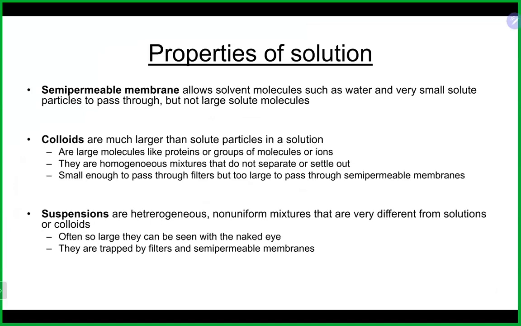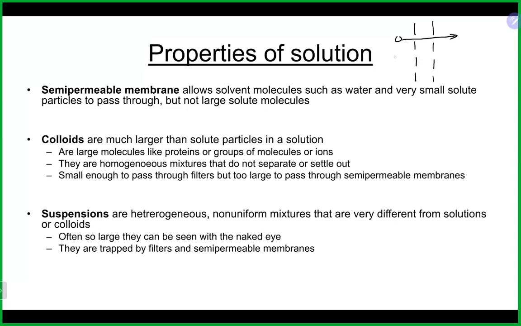All right, the next thing we're going to talk about is some properties of solutions. One property is a semipermeable membrane. A semipermeable membrane is basically a barrier that might not be super visual to your naked eye, but it has holes in it that allow certain size molecules to sail right through to the other side.